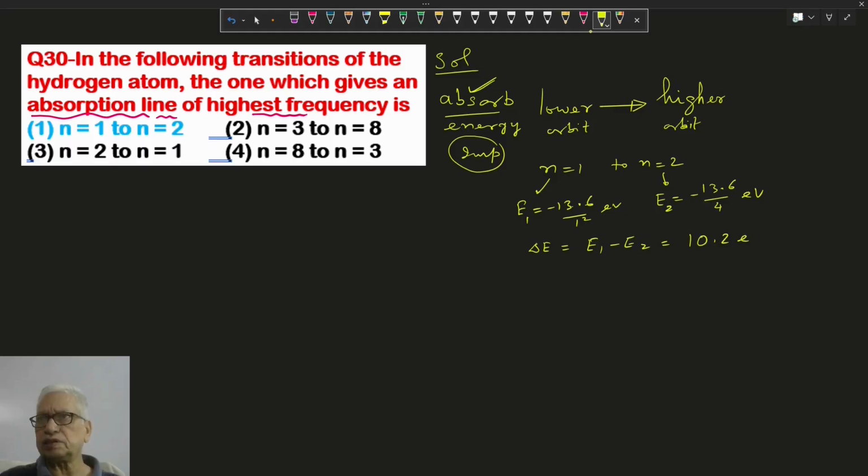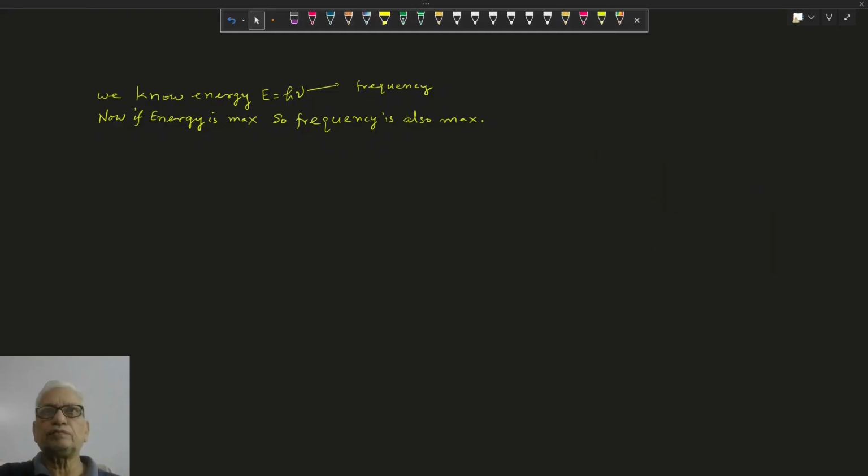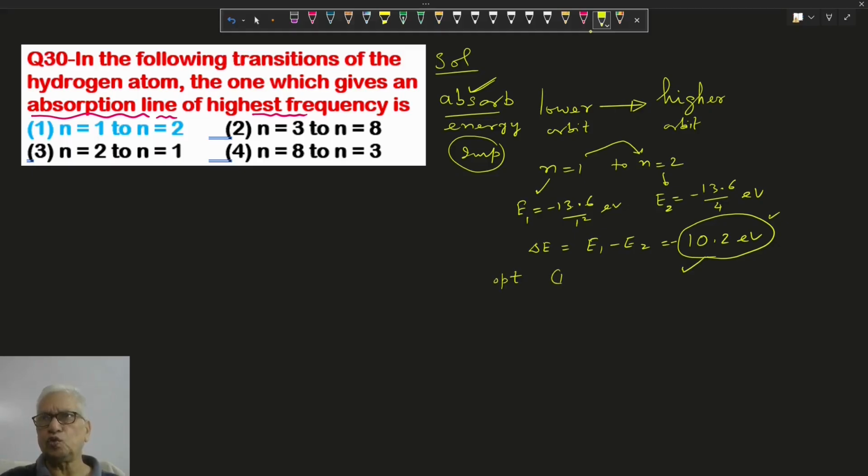So this much positive energy is required. If this energy is absorbed, it will jump from the first orbit to the second orbit. It is absorbing energy, so we have to give this much energy by any means. We know the energy is equal to h nu, where h is the Planck constant and nu is the frequency. If the energy is maximum, the frequency is also maximum. So option 1 is correct.